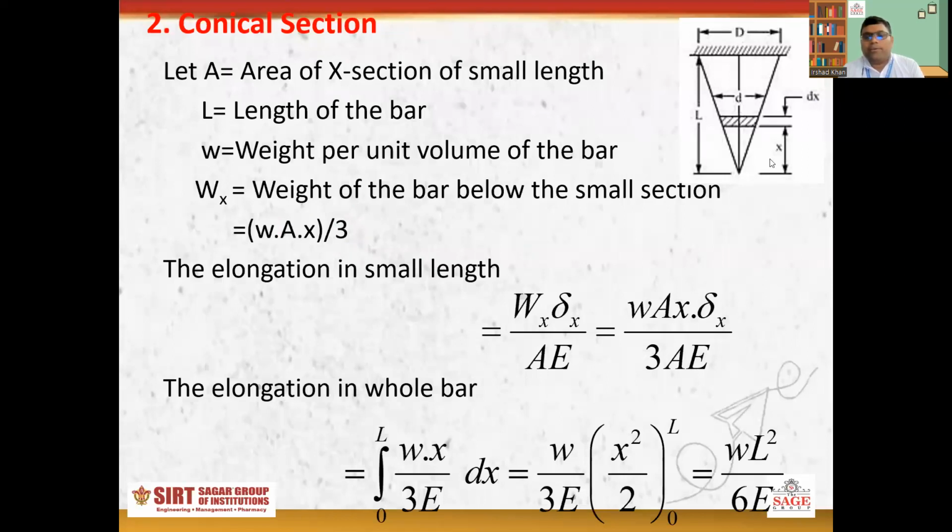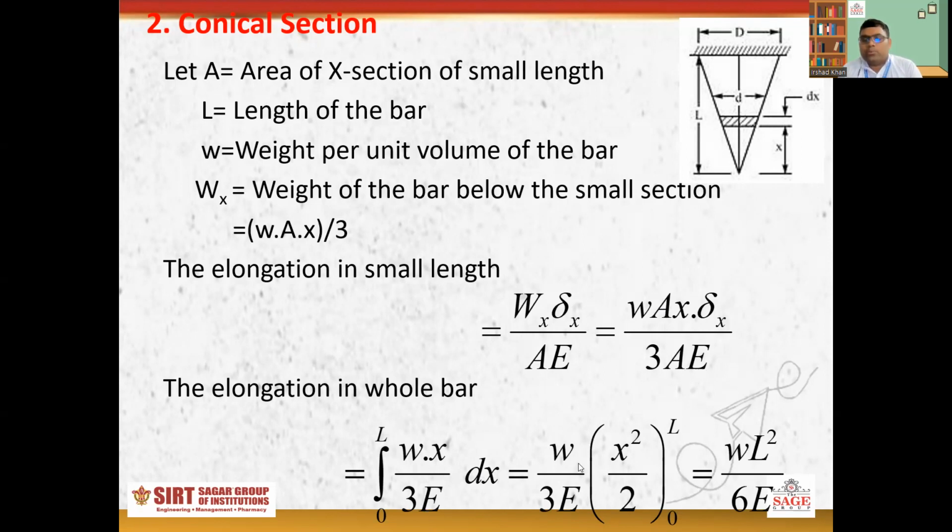Similarly, we can write the elongation in the small section as Wx del x upon A E, and put in the value of Wx as w A x by 3, divided by A E. This is for a small section, and to get the elongation in the whole bar, we integrate from 0 to L. The A cancels out, and we can write w x upon 3E.